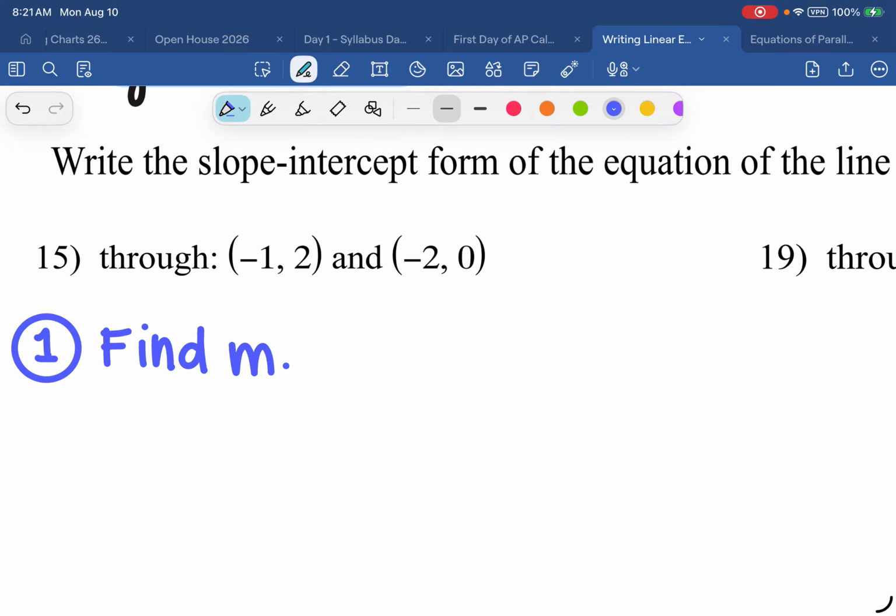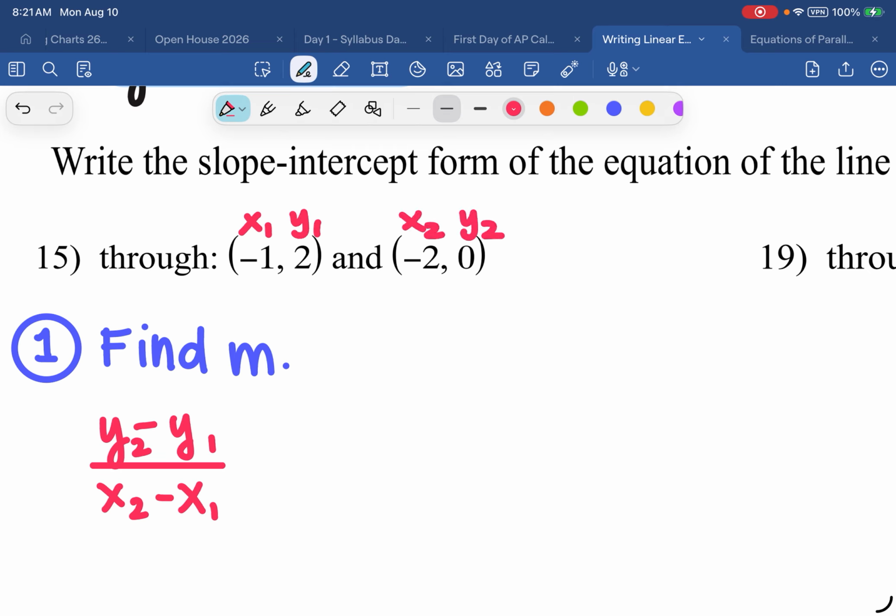And to find the slope, if I'm given 2 points, we use that formula where we've got y2 minus y1 on top of our fraction over x2 minus x1. And those x's and y's come from our ordered pairs. So if you want to label your ordered pairs x1, y1 and x2, y2, you can.